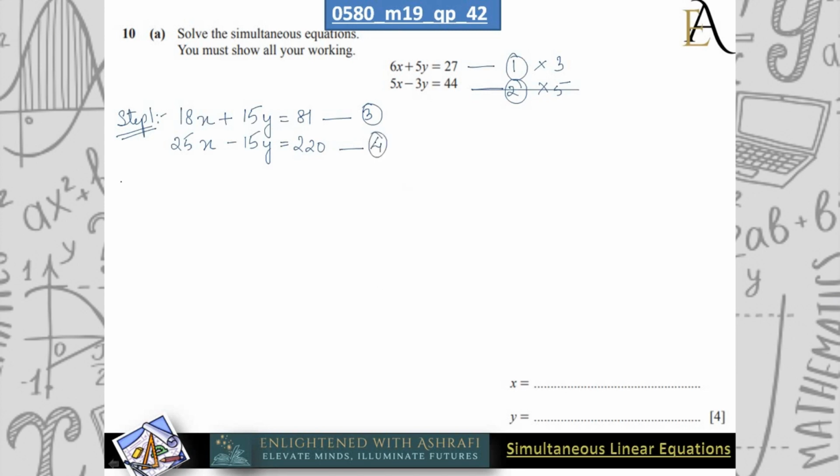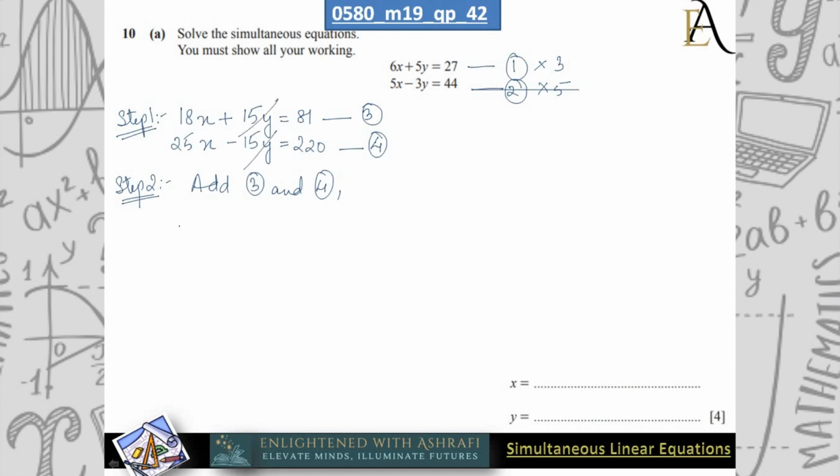This is my equation 4. Now step 2. Now if we look over here, this is plus 15y and minus 15y, so we will not subtract over here, we will add. So this gets cancelled off easily. So add equations 3 and 4.